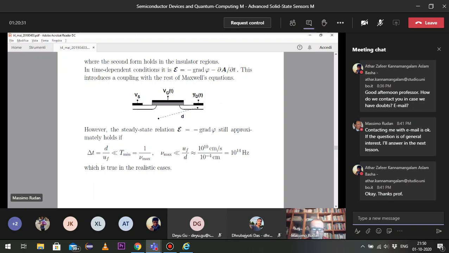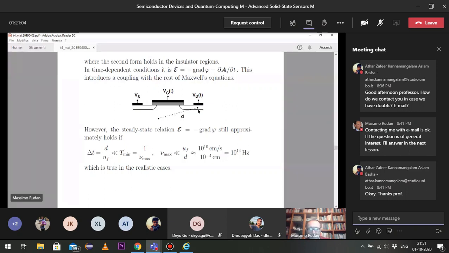This largest frequency, in the formula that you can see below, is called ν max. It's the maximum frequency of the spectrum of the applied voltages. Its inverse, capital T min, is the minimum period, okay? Now, the question is, what happens when the applied voltage changes with respect to time?